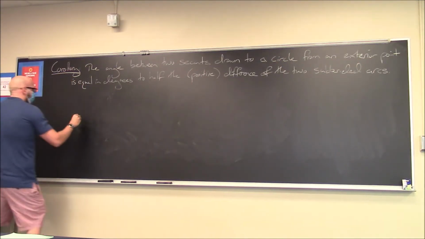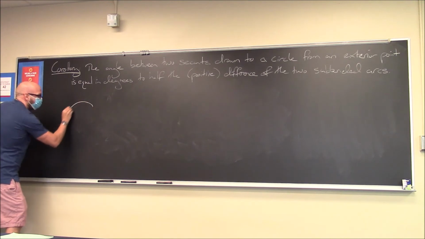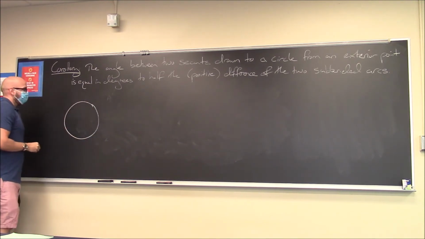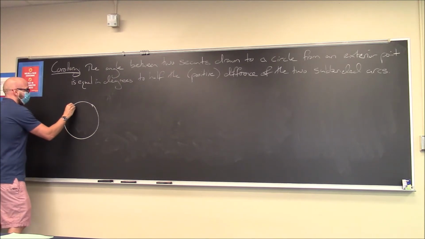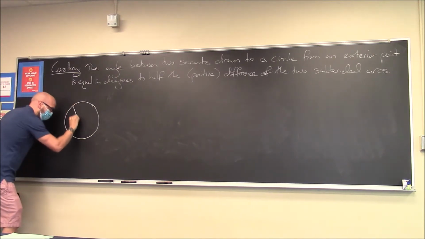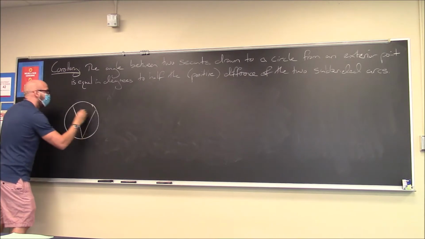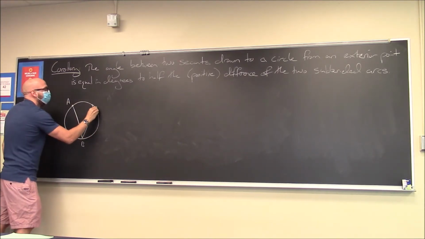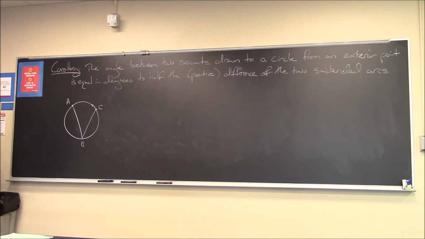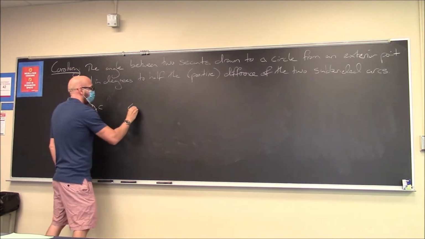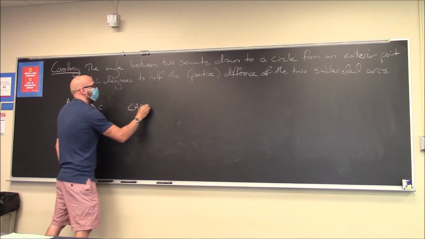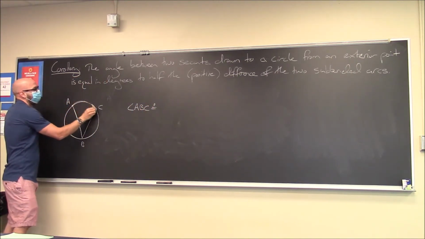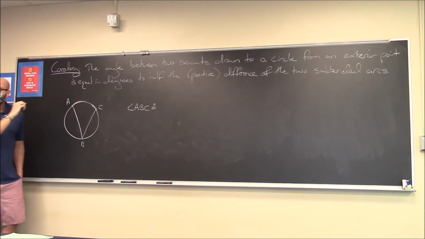We were talking last time, we had this main theorem that said, if I have a circle and I draw in an inscribed angle, so here's the inscribed angle ABC, well, this angle ABC is equal in degrees to 1/2 of the arc that it subtends.